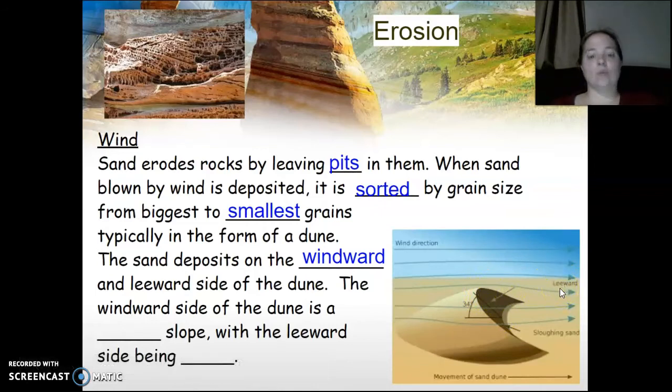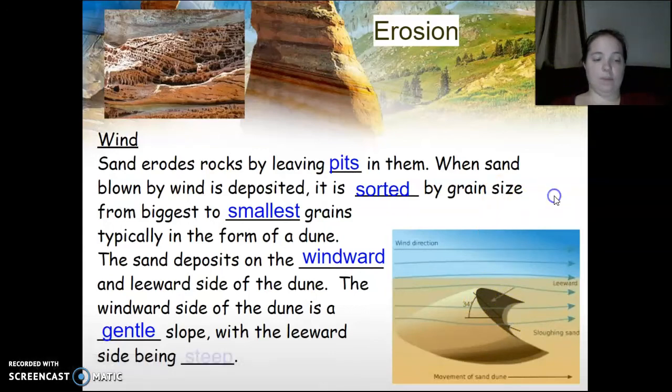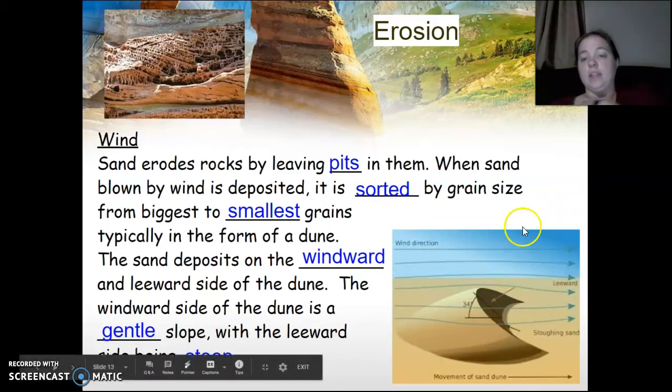Leeward is just the opposite side. So the windward side of the dune, look at this type of slope. This is a gentle slope. And the leeward side is a steep slope. You can see that steep slope.